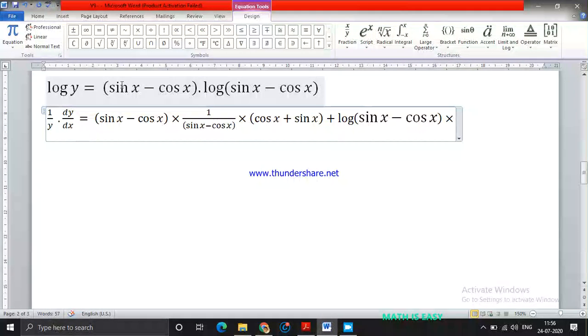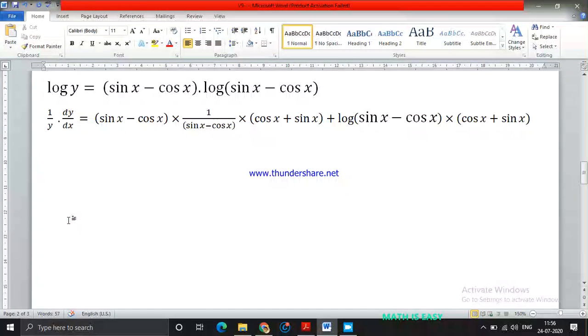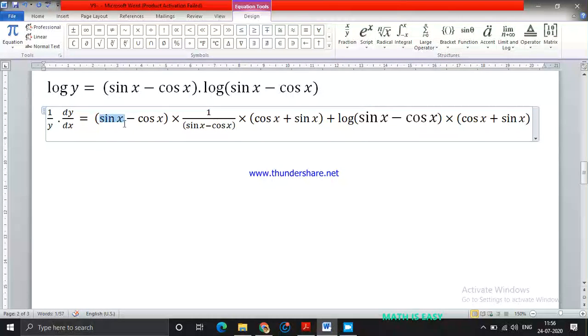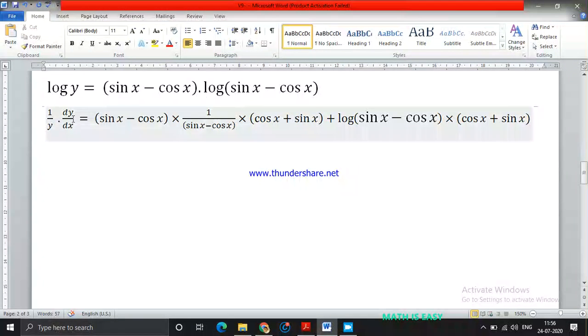Derivative of u means derivative of sin x minus cos x, which is cos x plus sin x. Now any cancellations are there, just check it out. This sin x minus cos x and this sin x minus cos x both will get cancelled. So here you are left with sin x plus cos x plus sin x.